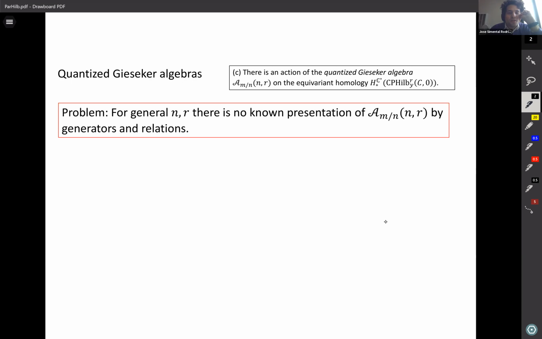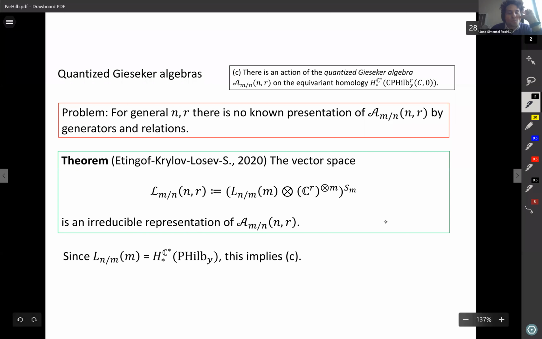However, we can solve this problem using recent work joint with Pavel Etingof, Vasily Krylov, and Ivan Losev that constructs representations of the quantization algebra, starting with representations of the full rational Cherednik algebra. And you can see that here I have a flip in the parameters. This is not a mistake. This is the way it should be.